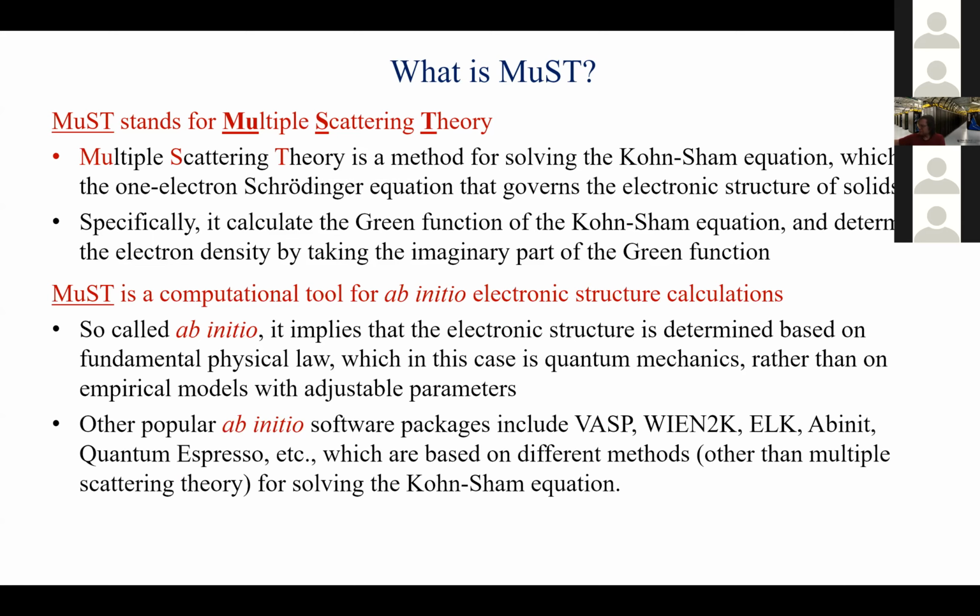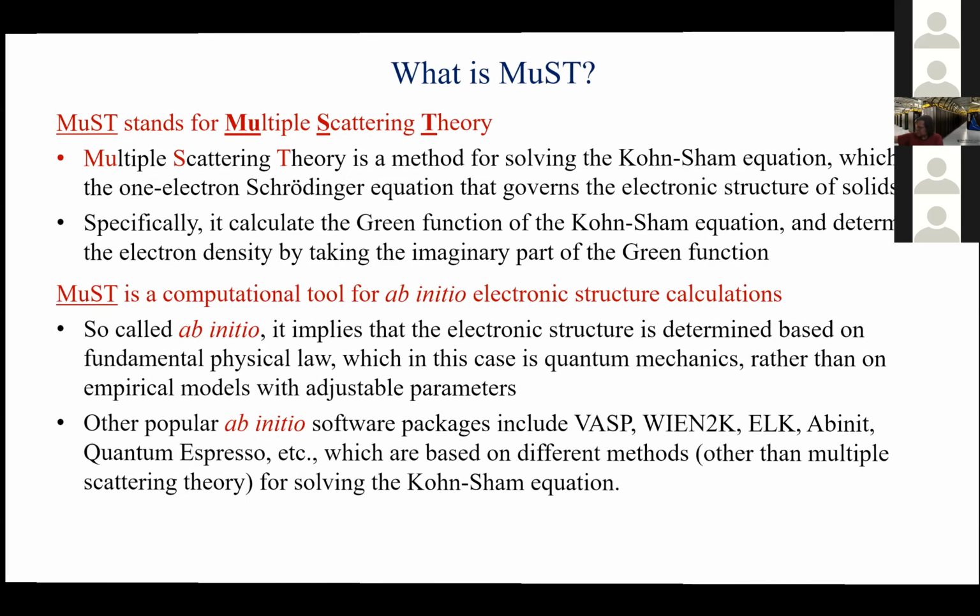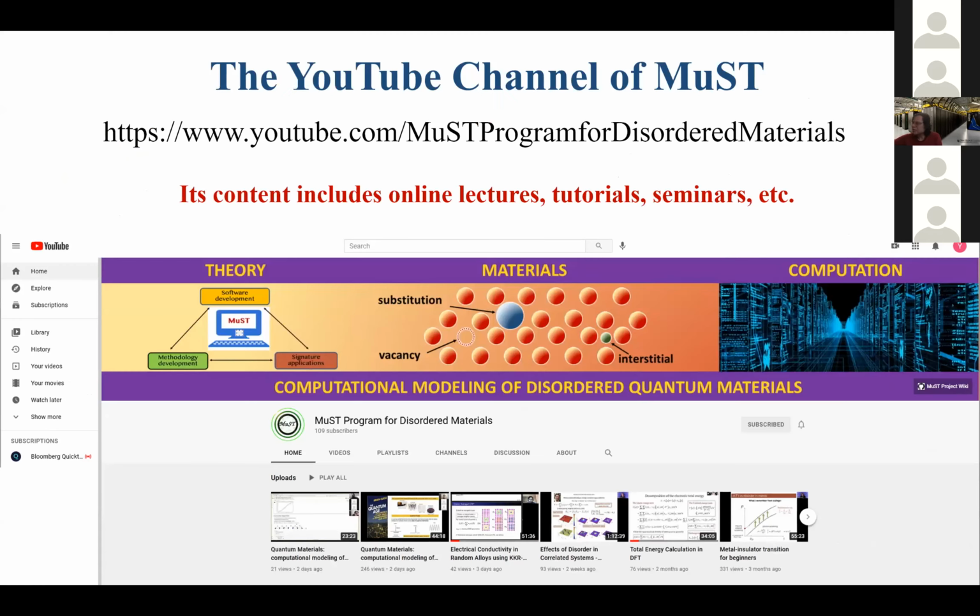There are other popular ab initio packages besides MuST, such as VASP, WIEN2k, ELK, ABINIT, Quantum ESPRESSO, etc. They are all based on different approaches, but they all try to solve the Kohn-Sham equation. MuST is based on multiple scattering theory. It tries to calculate the Green's function. There are major differences, and that's just a different approach.